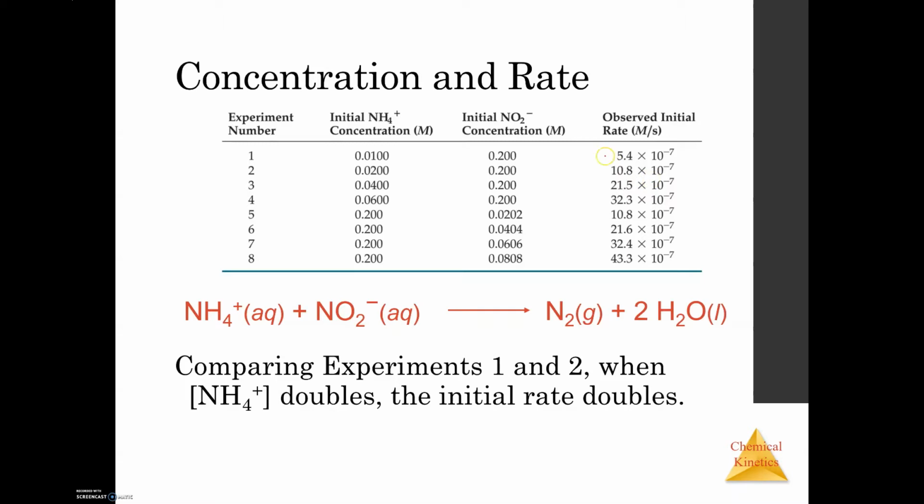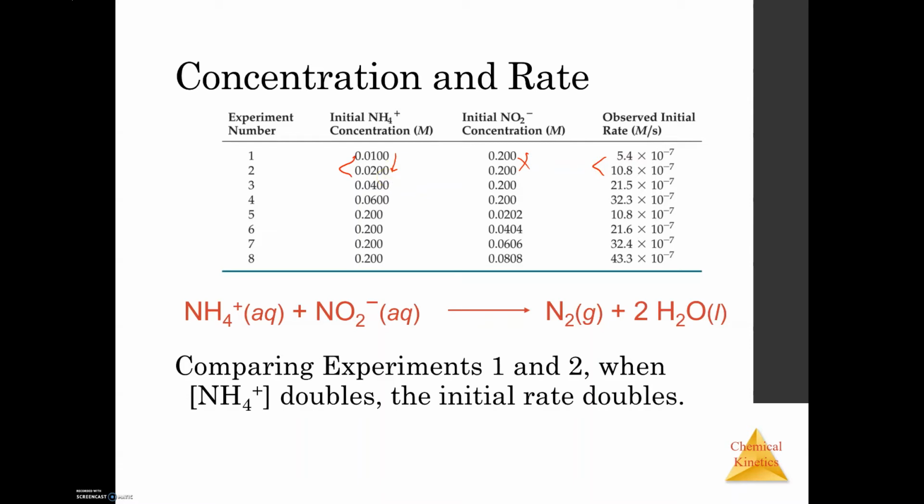What we see here is that in these 2 experiments, the rate does double. The concentration doubles as well, as you see from the NH4+. Now the NO2- doesn't matter because it stays the same. But what we're most interested in is the fact that the rate doubled as the concentration doubled.